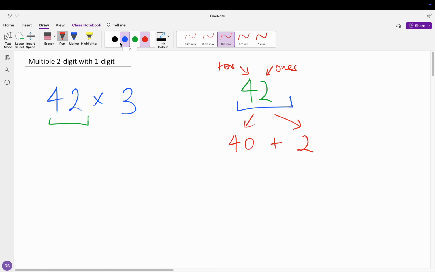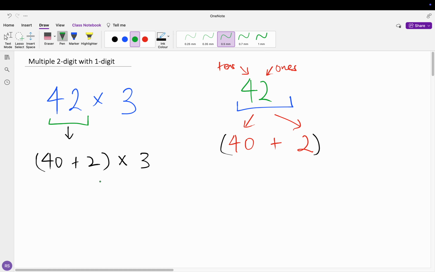Alright, so what we can do is take this 40 plus 2 and rewrite it over here. So 42 is 40 plus 2, and this whole thing is going to be multiplied by 3. Now the next step is to multiply the ones and the tens separately with the single digit number.